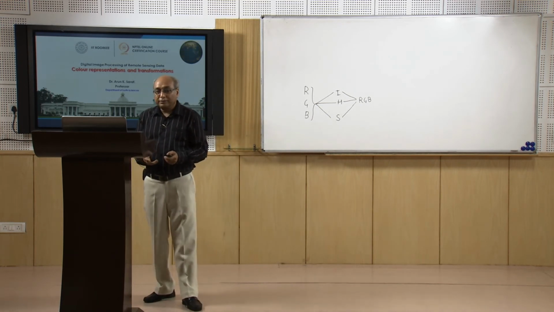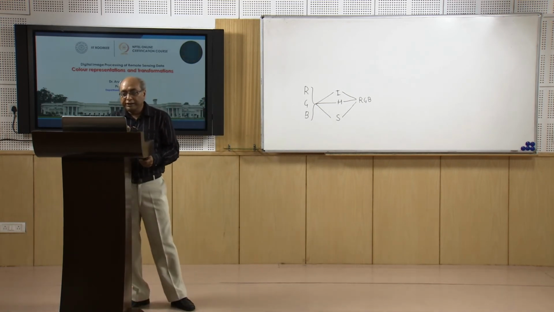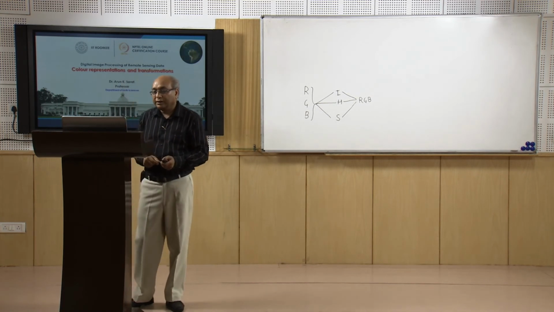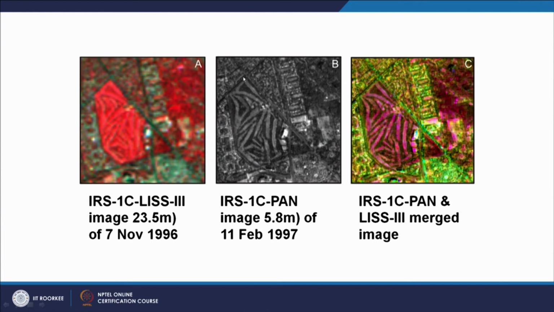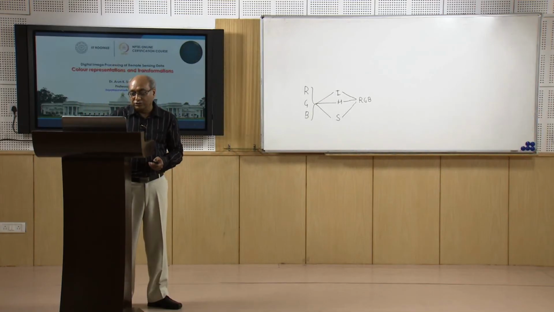Now I will show you some zoomed areas of all three images together. Here this is the LISS 3 image, this is the PAN image: lower spatial resolution but multispectral, and higher spatial resolution but panchromatic. The best quality of both is exploited, and this is what you see. Though the colors of typical false color composites do not appear in image C, which is the pan-sharpened or merged image, see the distinction.